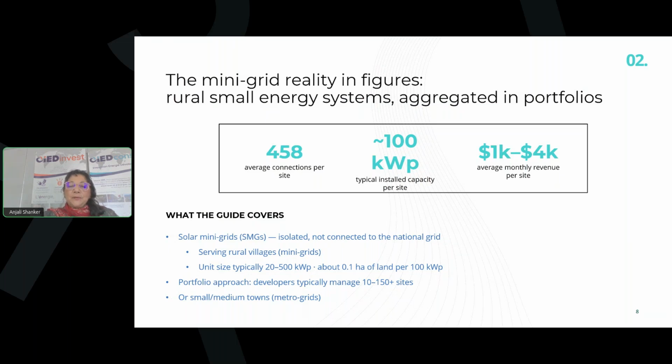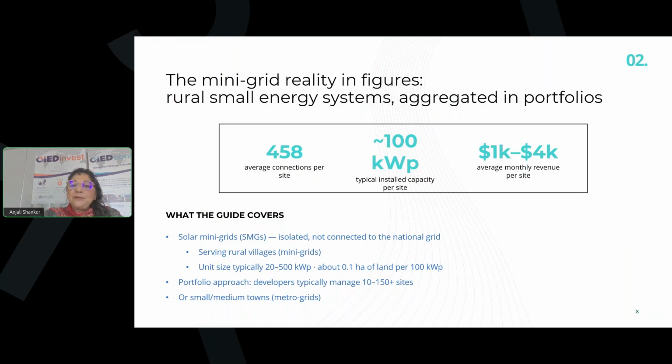Well, first of all, what is the reality of mini-grids today? We all heard that there is a tremendous challenge in scaling up. Let's put a few figures there. The reality today of mini-grids, looking at statistics from AMDA and ARE in particular, is that a typical installed capacity is around 100 kilowatt peaks per site, with average connections per site under 500 people.